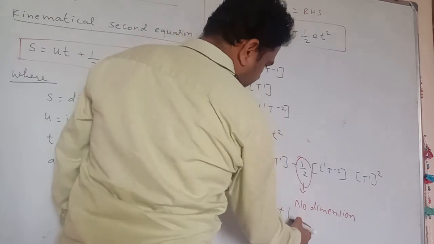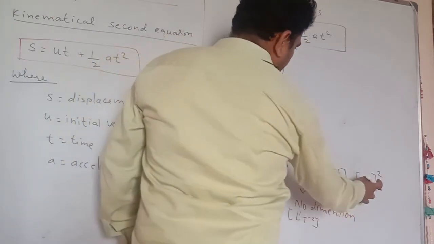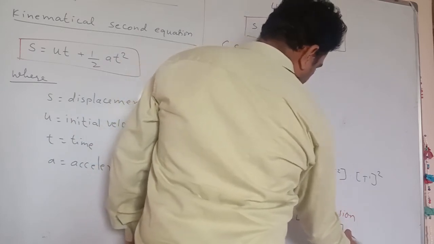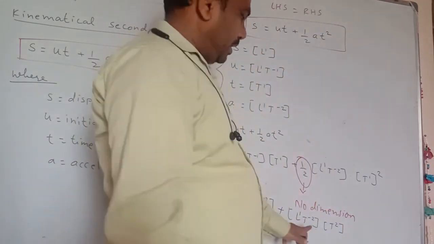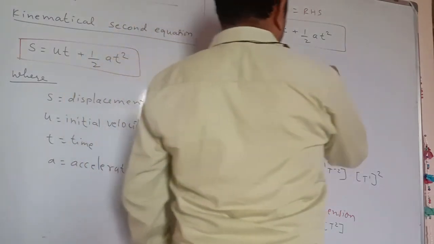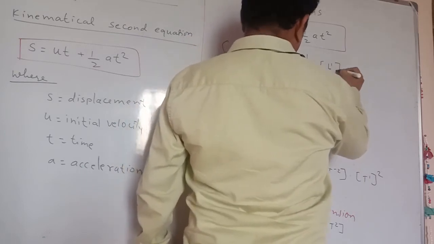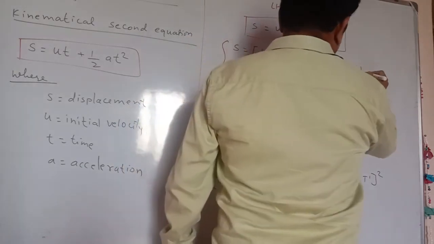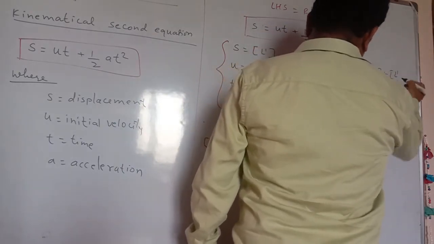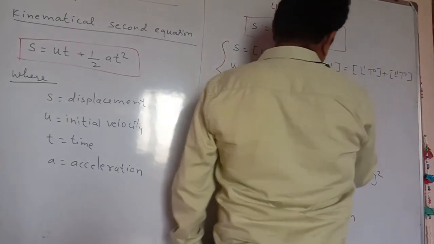L1 T minus 2 into the square of T1, which is T plus 2. So minus 2 plus 2 becomes 0. Therefore L1 is equal to L1 T0 plus L1 T minus 2 plus 2, T0.